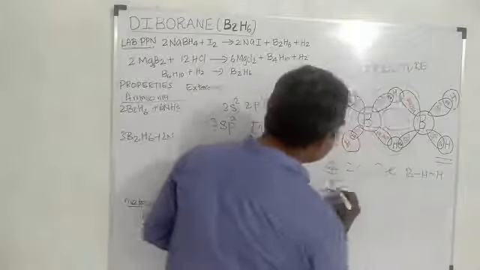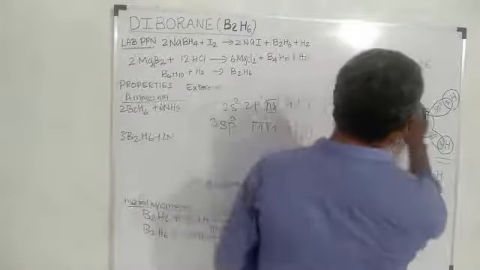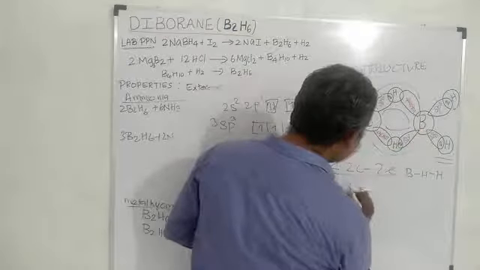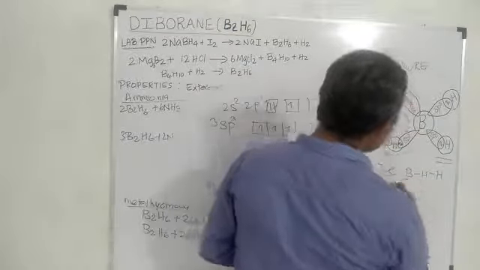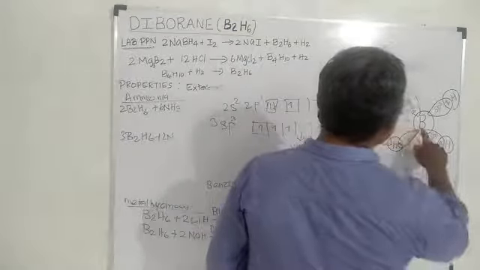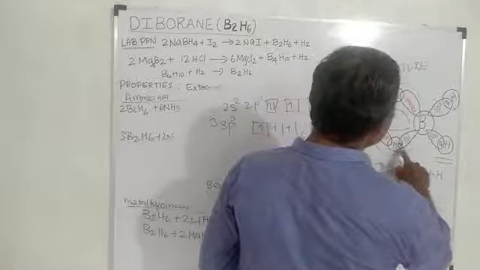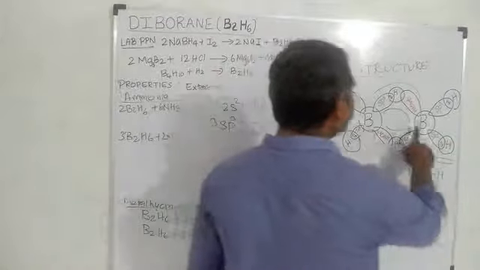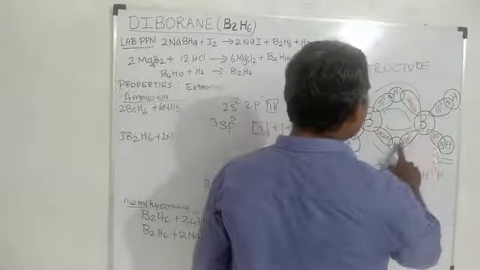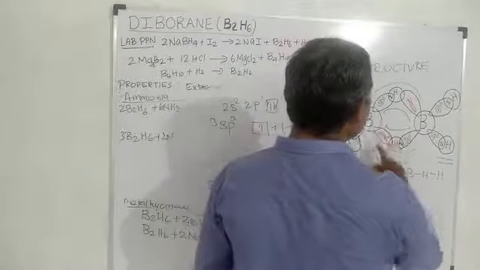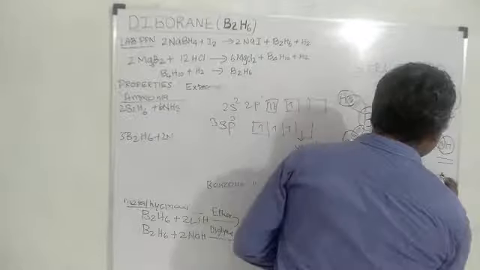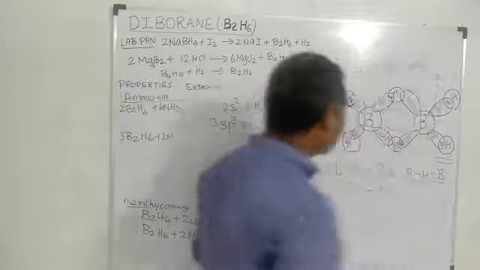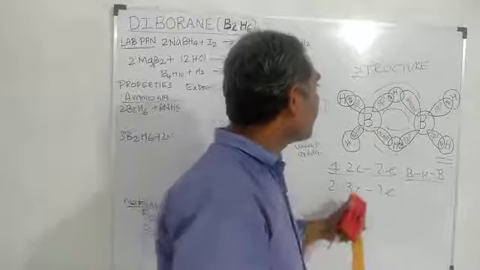So there are 2 such 3 center, 2 electron bonds. There are 2 electrons here, shared by 3 atoms: one boron, hydrogen, and another boron. So the B-H-B bond is called a 3 center, 2 electron bond.